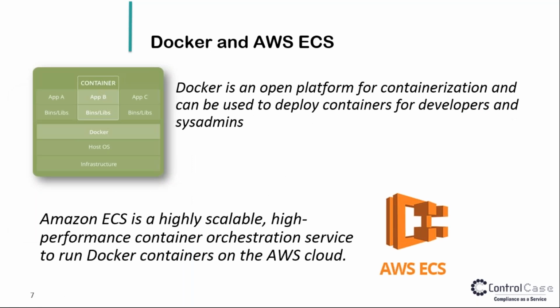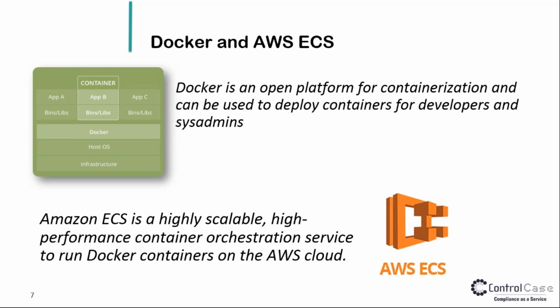So let's understand Docker and AWS ECS. Docker is an open platform for containerization and can be used to deploy containers for developers and sysadmins to build, ship, and run distributed applications. Other similar platforms include, but are not limited to, Microsoft Azure Container Services, Apache Mesos, and similar solutions out there.